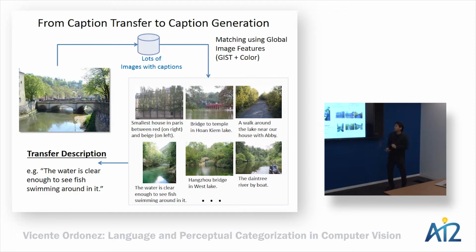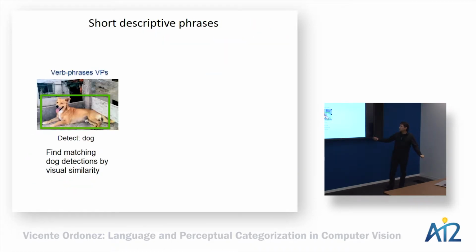Now, going back to really generating descriptions, because now we're just doing transferring. The next idea was to retrieve pieces of text, not the entire description, and just for parts of the image, in this case for an individual object.